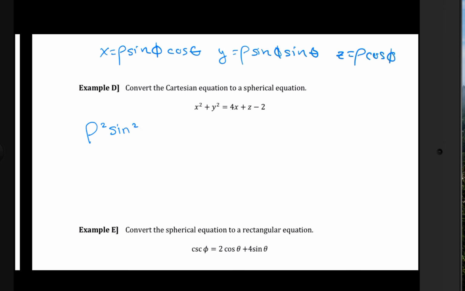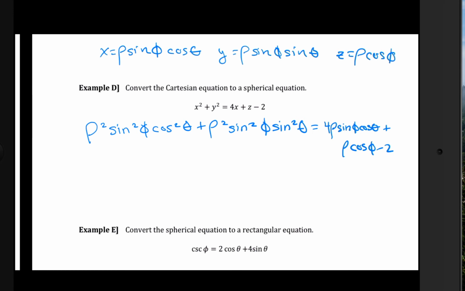So I've got rho squared sine squared phi cosine squared theta, and make sure you don't confuse your angles because it's going to be important in a minute to know what we're looking at. Plus rho squared sine squared phi sine squared theta equals, I'm going to have to write a lot smaller here, 4 rho sine phi cosine theta plus rho cosine phi minus 2.